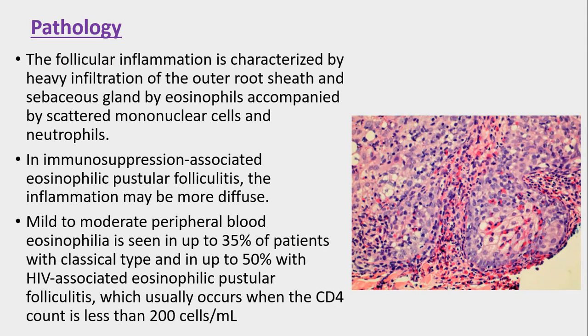There is mild to moderate peripheral blood eosinophilia in 35% of the patients with classical type and 50% of the patients with HIV-associated eosinophilic pustular folliculitis, which usually occurs when the CD4 count is less than 200 cells per ml.